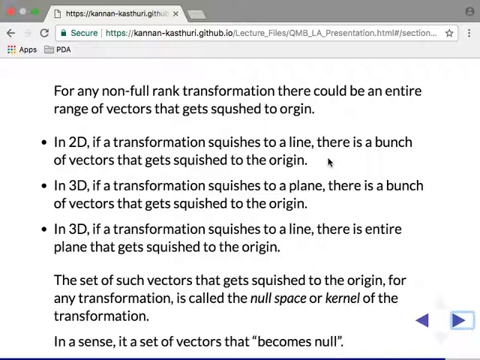And that is called the null space of a transformation. The null space is the set of vectors that are squished to the origin when you apply a linear transformation. It just means that the set of vectors becomes null, or zero, after the transformation.